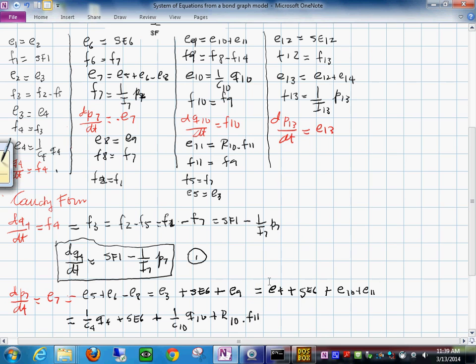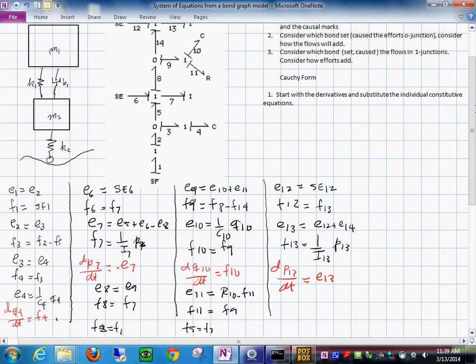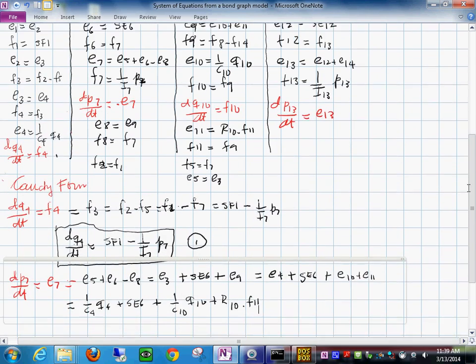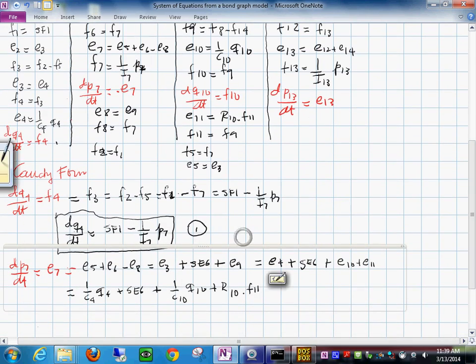What is it in the bond graph? You want to make sure that we don't mess up. It's R11, not R10. Okay, so from all this, the only one that we don't know is this one.